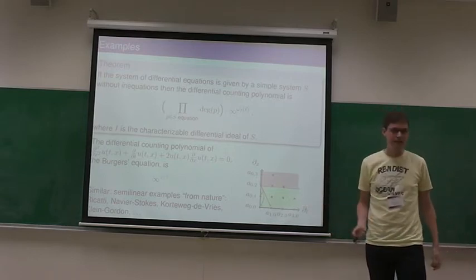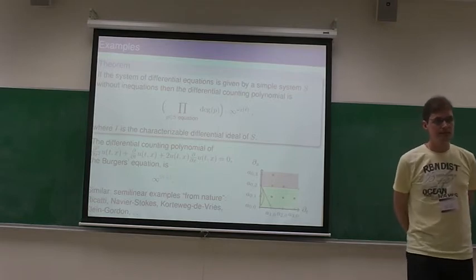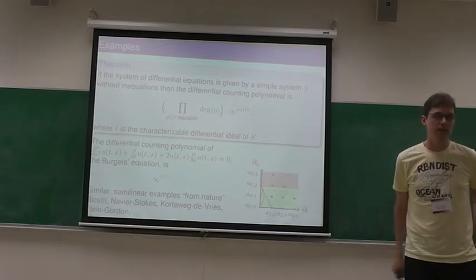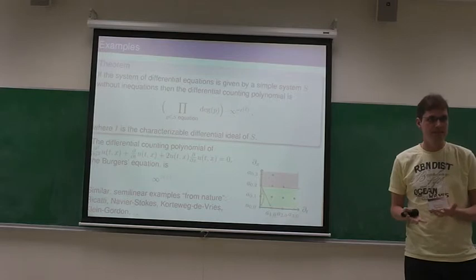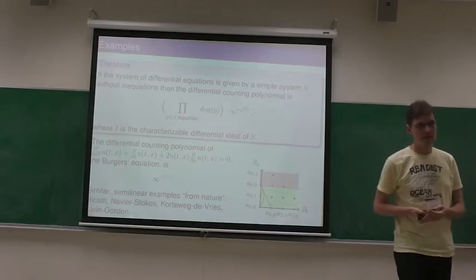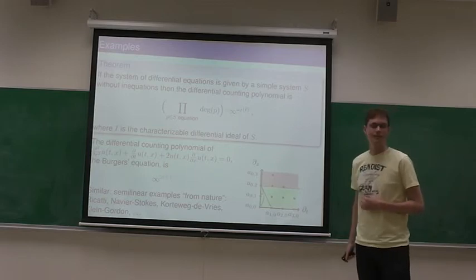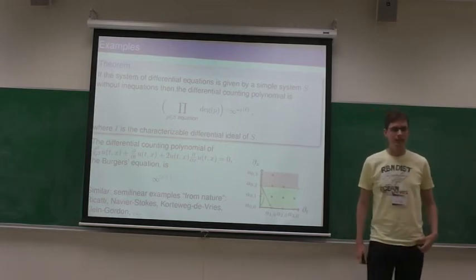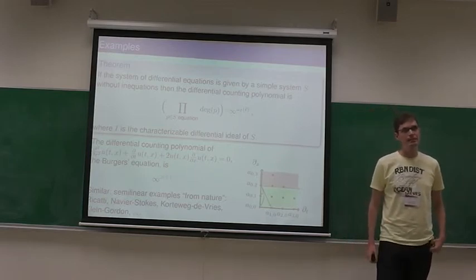The simple system means? Simple system is the system you get from the Thomas decomposition. You recall the definition? Not in a short way, but it's quite similar to the characteristic sets.